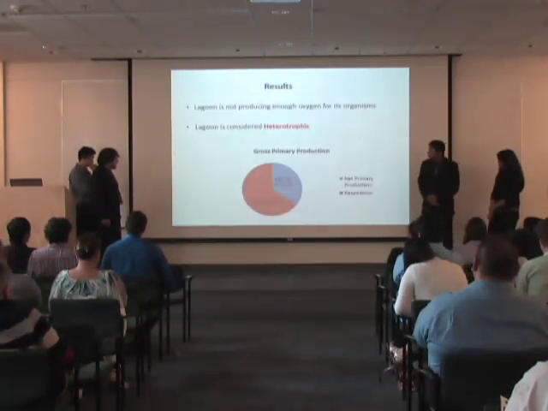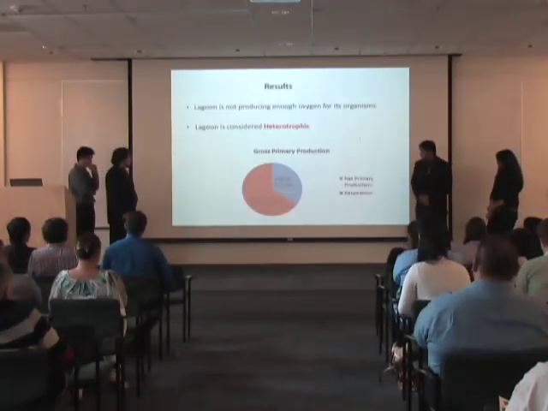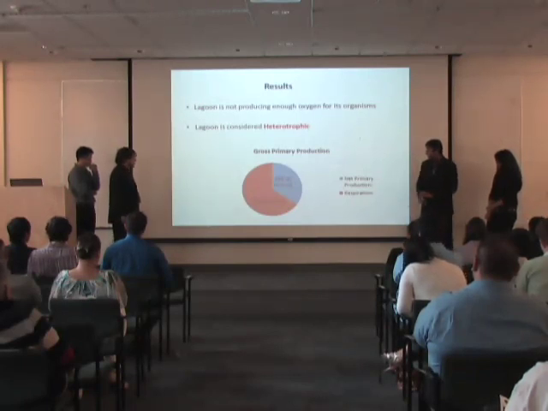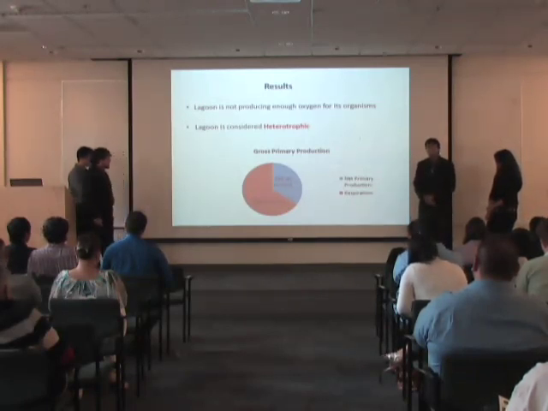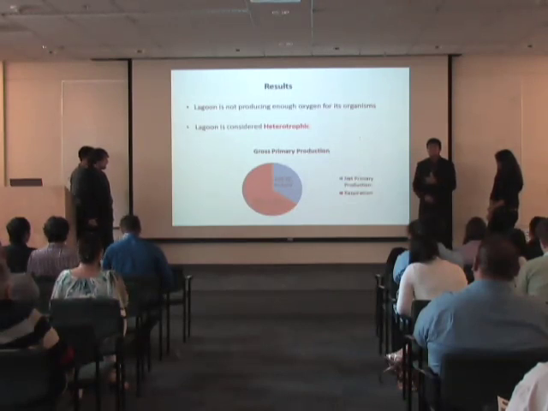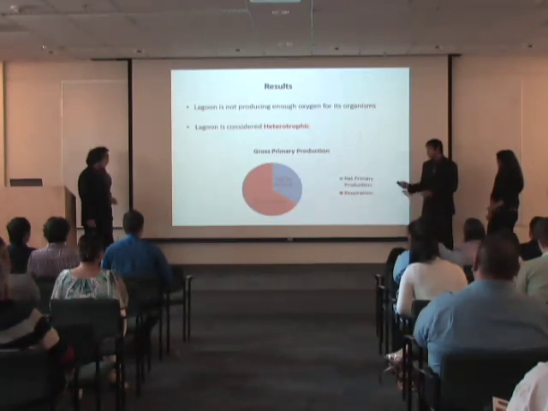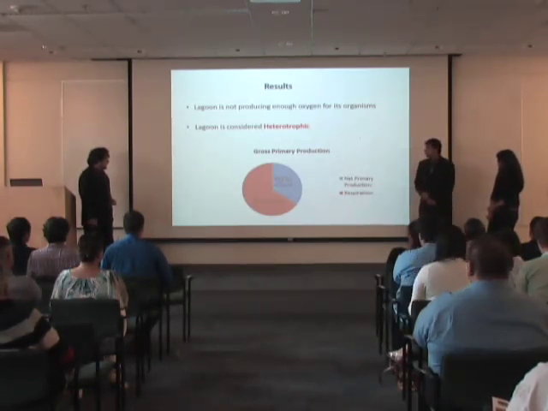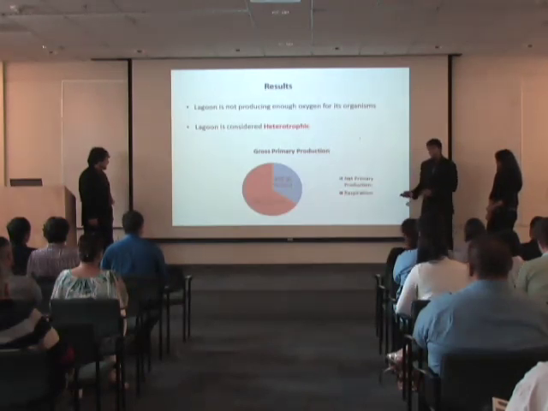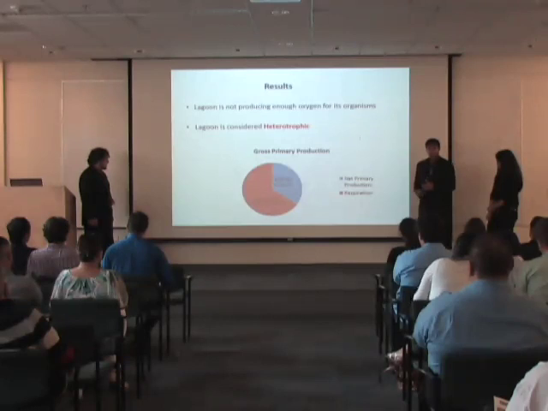To add more detail, through the calculation of our net primary production and our respiration, we can process this information through what's called the gross production to respiration ratio. Essentially, it tells us, percentage-wise, how much oxygen is being used, in other words the respiration, and how much oxygen is being produced, in other words the net primary production.